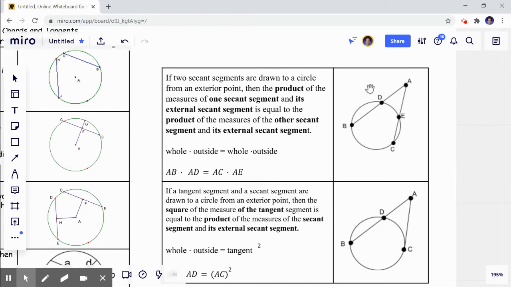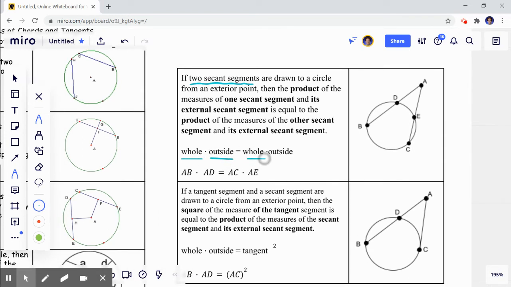So this rule right here on the front side of the notes describes if you have two secant lines that intersect at the same outside point on a circle. So this rule only applies if you see two secant segments. So this piece right here explains best what those words are trying to say.